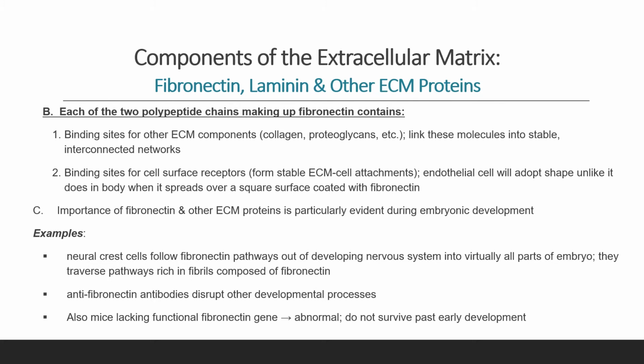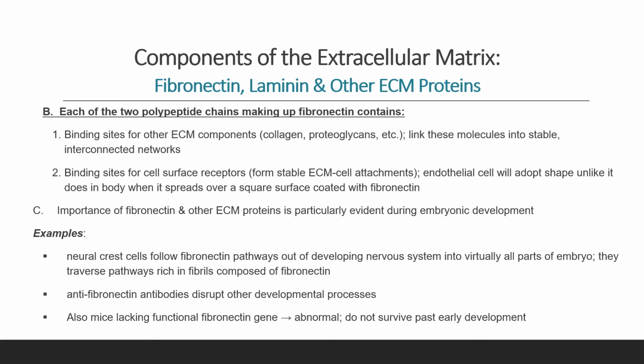The importance of fibronectin and other ECM proteins is particularly evident during embryonic development. For example, neural crest cells follow fibronectin pathways out of the developing nervous system into virtually all parts of the embryo, and they traverse pathways rich in fibrils composed of fibronectin.